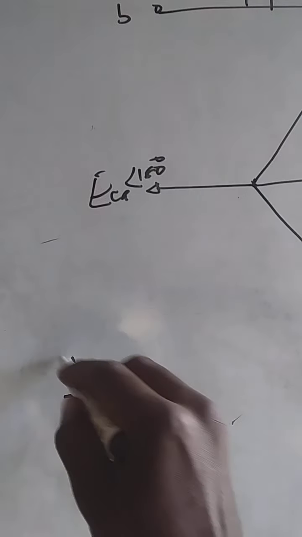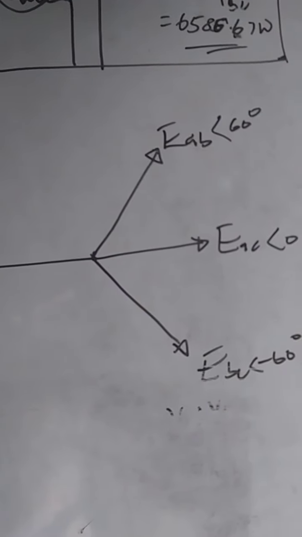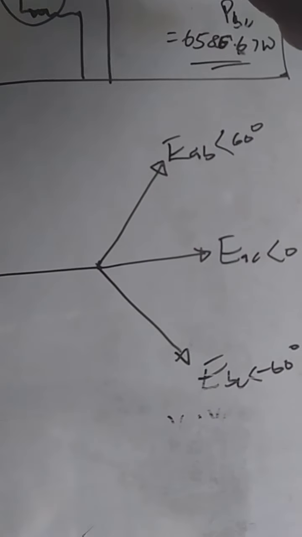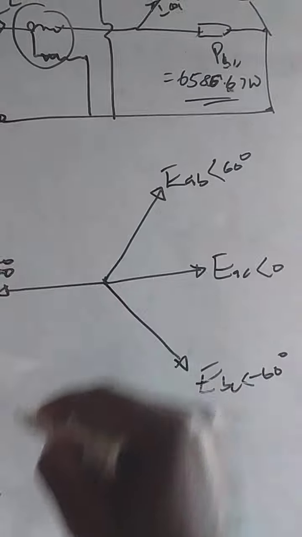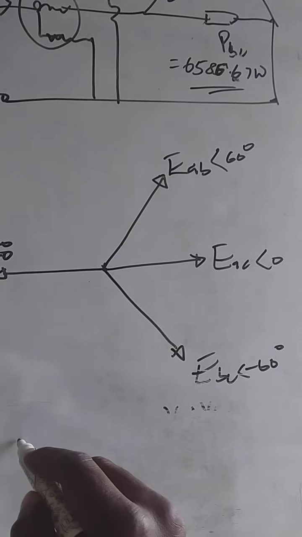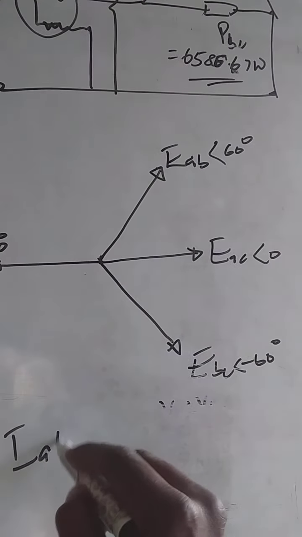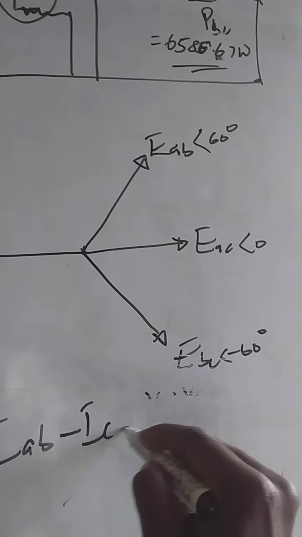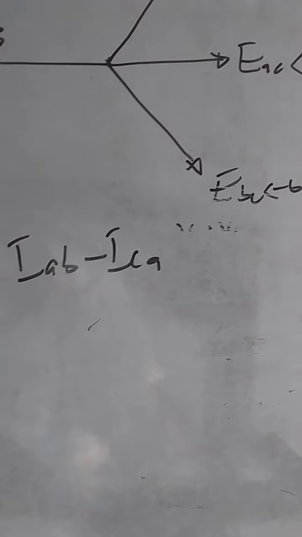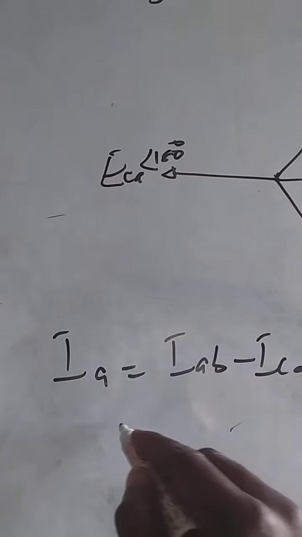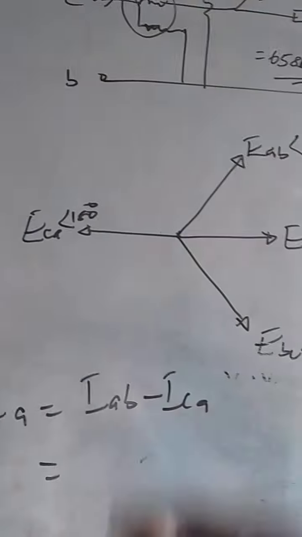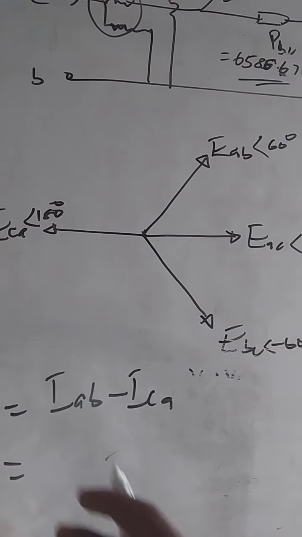So our IA is equal to, this is IAB, and this is ICA. So our IA will be IAB minus ICA. We already found our IAB and we found our ICA.